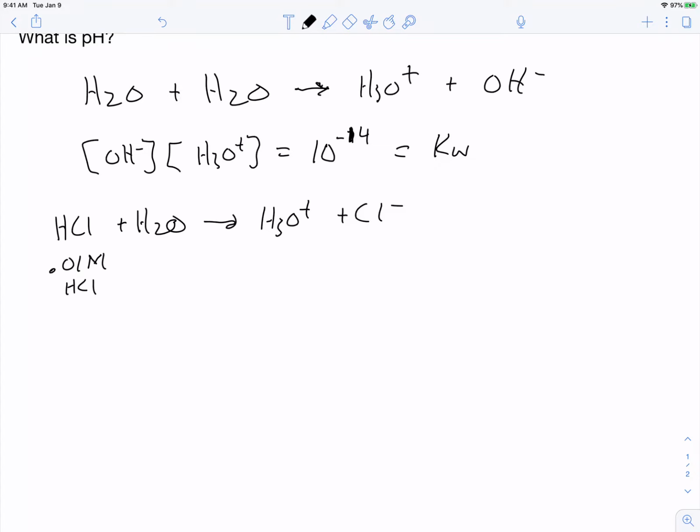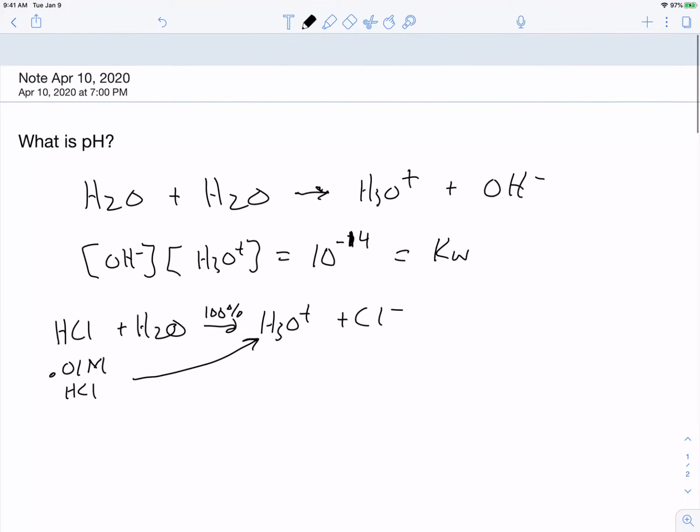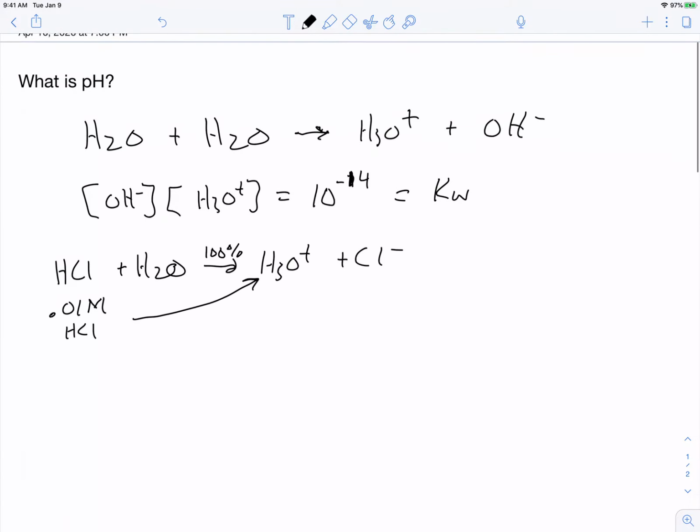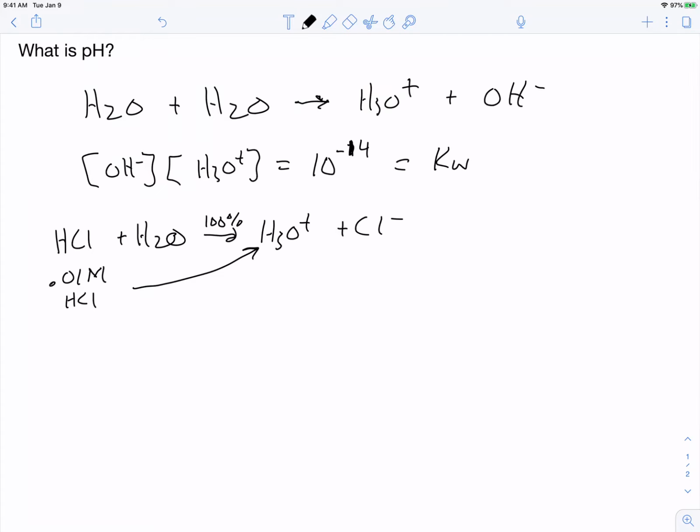Is there really any hydrochloric acid in the bottle? Well, actually, it has all become hydronium. That's because it ionizes 100%. Water doesn't ionize 100%. Weak acids don't ionize 100%. But strong acids like HCl ionize 100%.